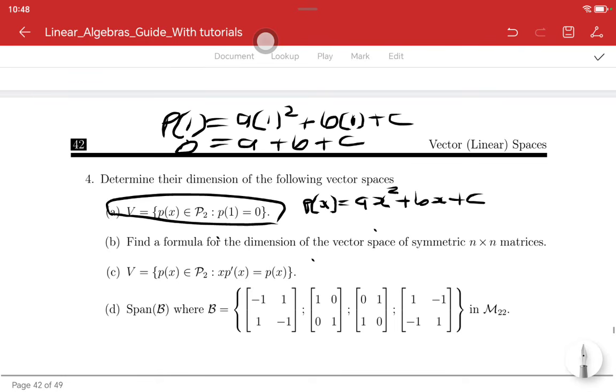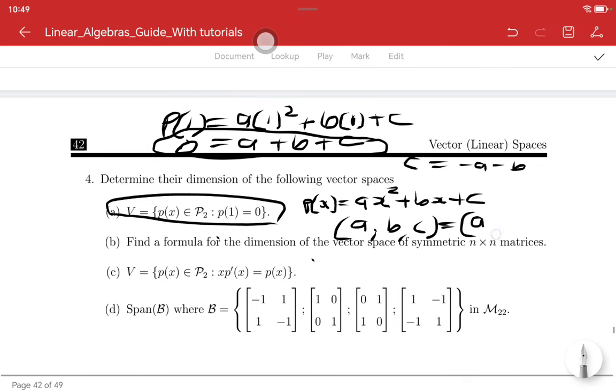Do you agree that I can express one thing as a linear combination of the others here? I can even say C is equal to minus A minus B. Do you agree? Meaning that if I have A, B, C, this would be equal to A, B, minus A minus B.